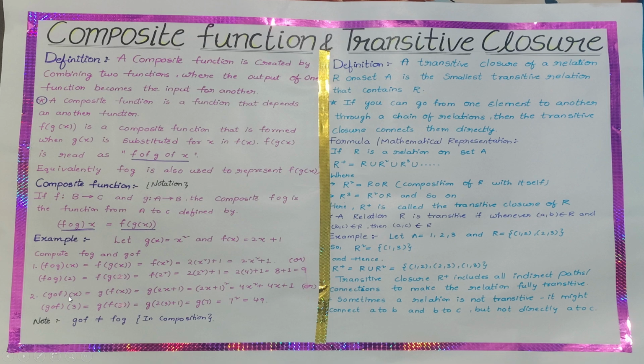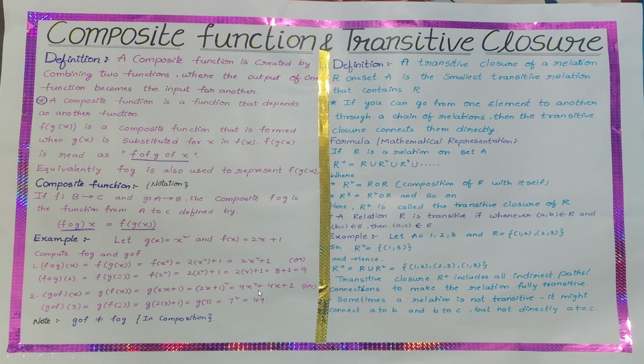G of f means we have to replace the f of x value, 2x plus 1, in the g of x function. What is g of x function? X square. In this x place, 2x plus 1 will be replaced.